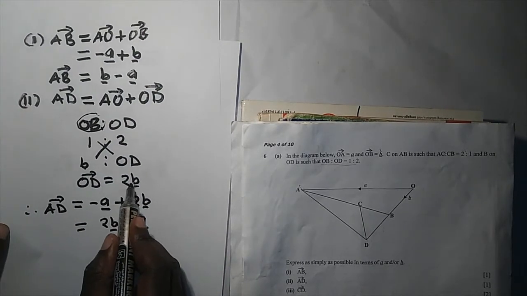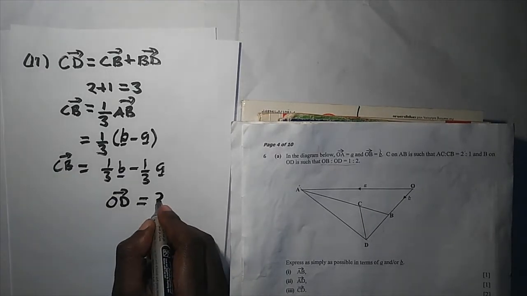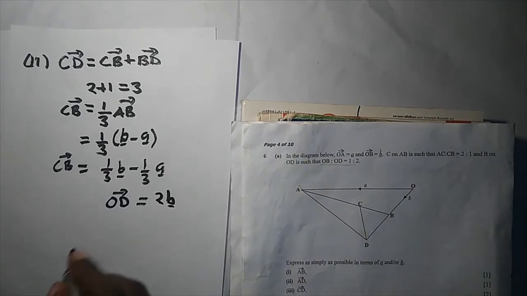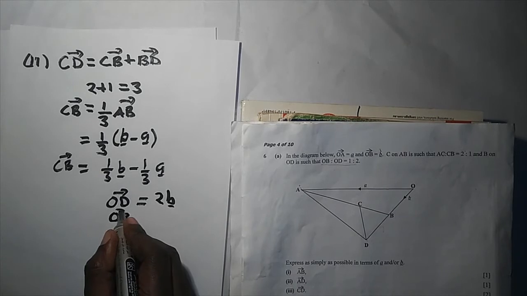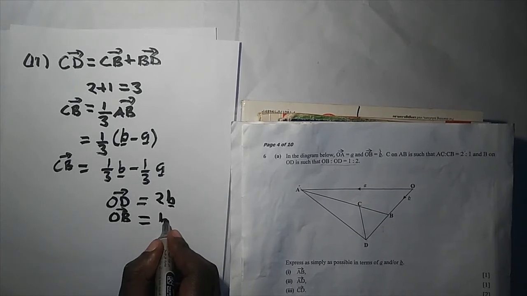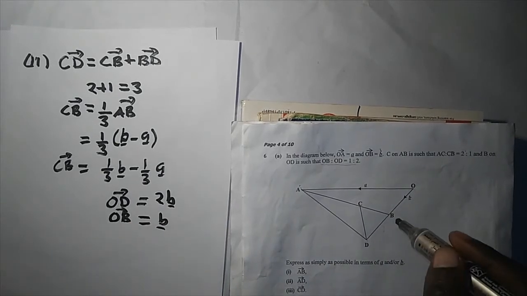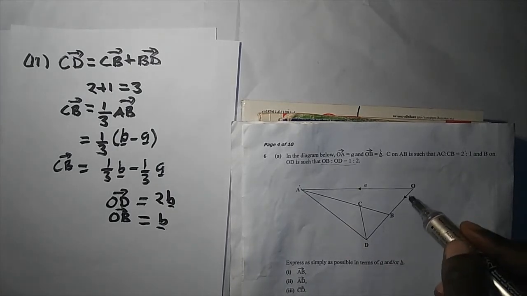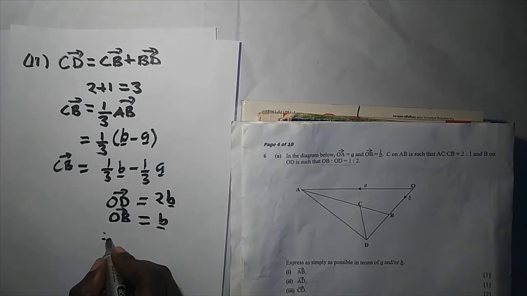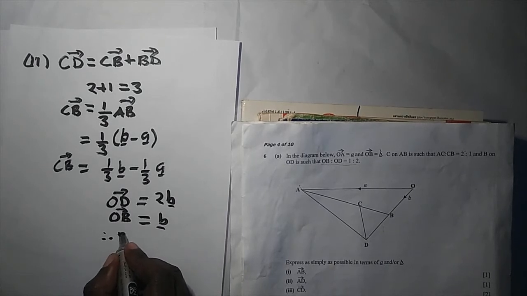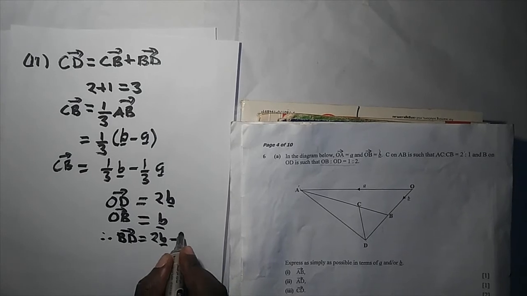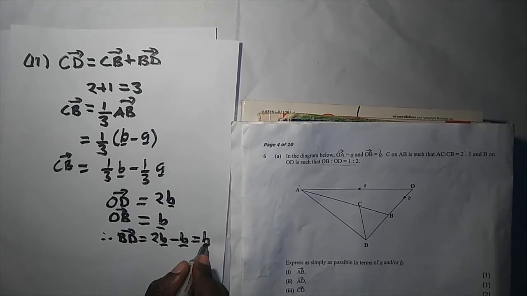OD is 2B, and then we also have from the question here OB, which is just B. So for us to find what BD is, we just subtract the total minus OB. So BD is equal to 2B minus B, which is equal to B. Okay, so BD is equal to B.